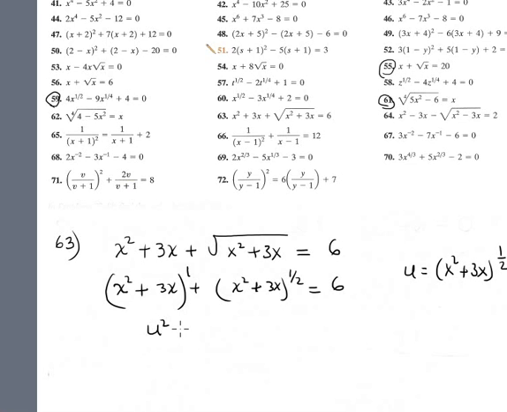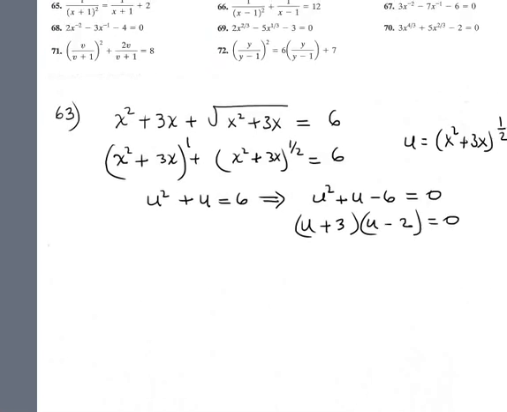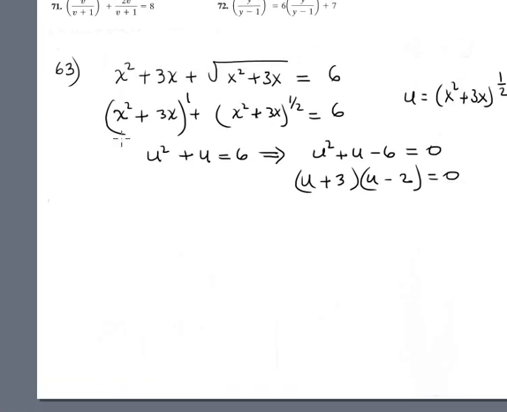This is u squared plus u equals 6. It is u squared plus u minus 6 equal to 0. The combination is 3 and 2: 3 times 2 is 6, 3 minus 2 is 1. Plus and minus. So the solutions are u equal -3, and the other solution is u equal 2.